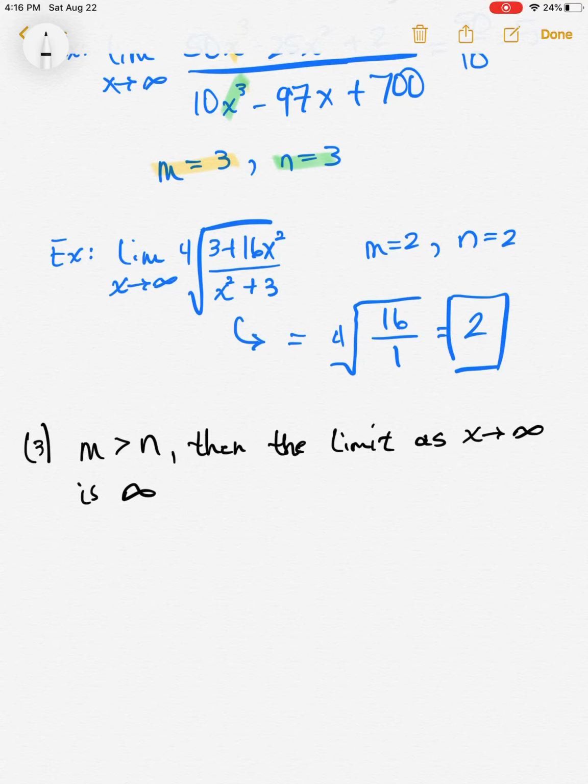And that infinity can be dependent, because it can go to positive infinity or it can go to negative infinity. It's just something you have to consider.